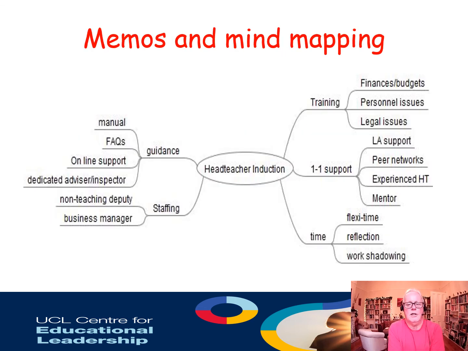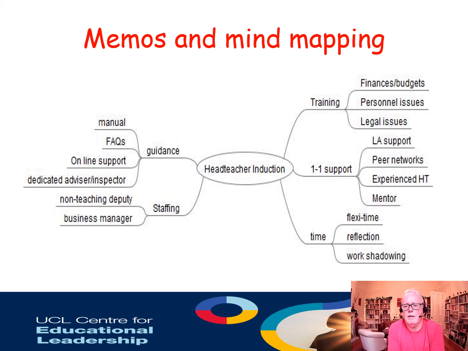So here's an idea. I was doing head teacher induction. Okay, in other words, how do they get to make the transition to being a head teacher? Okay, and when I did my first set, which is the outside of this memo or mind mapping exercise, I came up with lots of codes about the guidance offered to people, which manual, frequently asked questions, online support, a dedicated advisor inspector, a non-teaching deputy, a business manager to support staffing. You can get the picture.